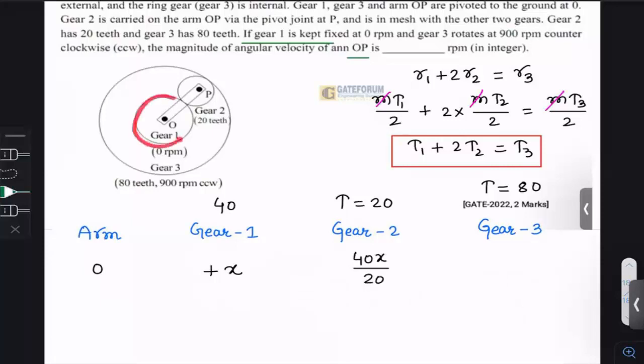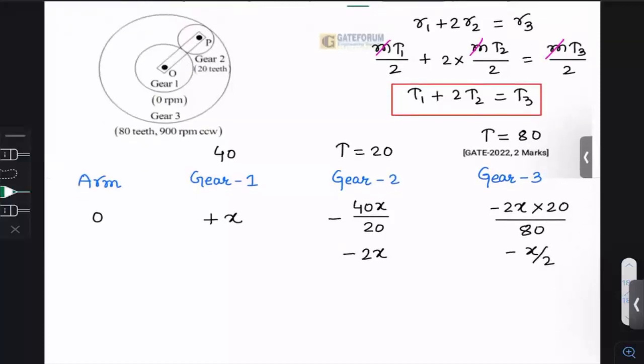Since 1 and 2 are externally meshing, the minus sign will be there. Now 2 and 3 are internally meshing. This is minus 2x. So now minus 2x into 20 by 80, right? This is minus x by 2. Suppose I am giving a speed of y: it is x plus y, y minus 2x, and this is y minus x by 2.